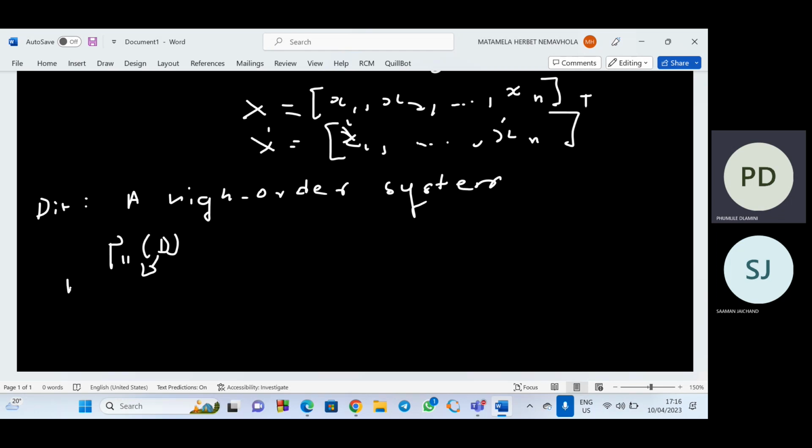The D that we are using here is the same as dy over dx or dy over dt, depending on the format of your system. Because here it is x, we can say dy over dx.